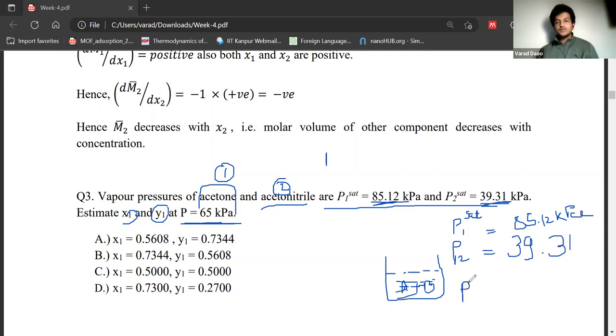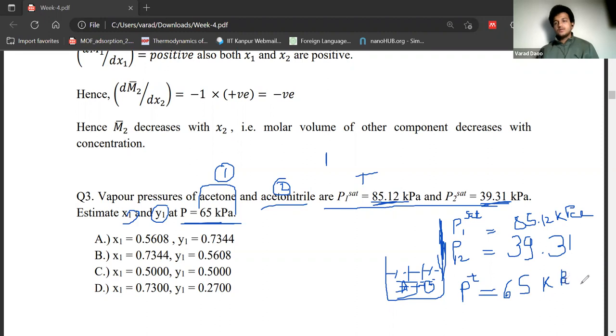Total pressure has also been given. These are three different pressures, and the two saturation pressures are at some temperature. When we combine the mixture, it exerts some pressure onto the walls of the container. That pressure is 65 kilopascal.